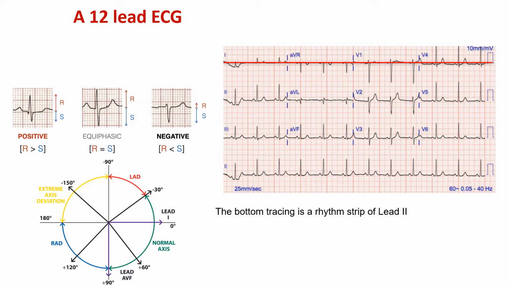Every depolarized myocardial cell in the heart actually produces its own small vector. And if many of these cells within your heart get depolarized in the same direction at the same time, a large vector gets created.